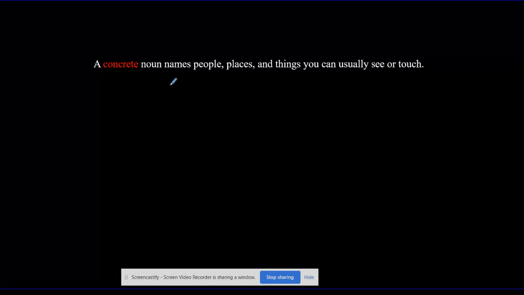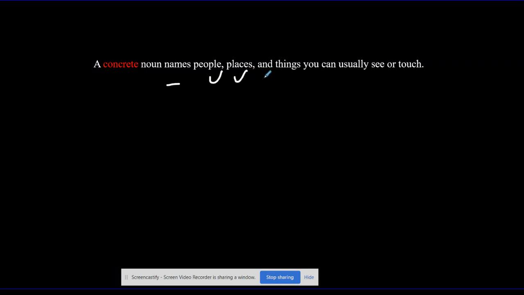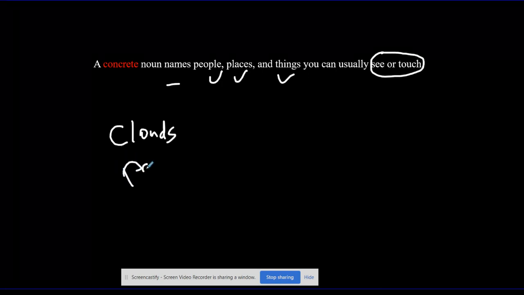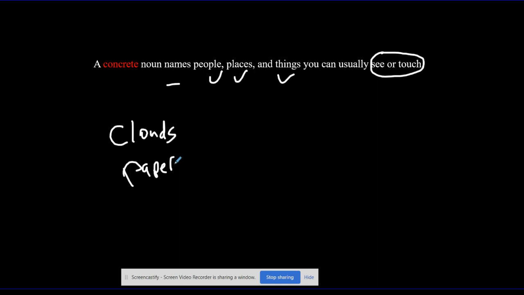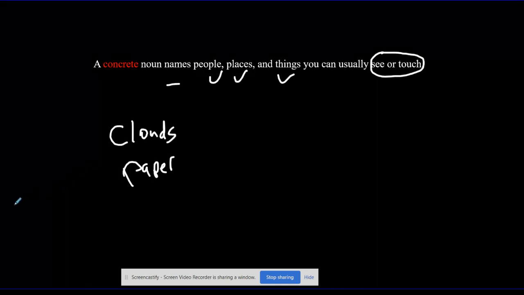Concrete nouns are the ones that name people, places, or things, and they are words that you usually see or touch. So when I refer to clouds, clouds are things that I can see. Therefore, clouds are concrete. If I refer to paper, paper is a thing that I can see and touch, therefore paper is concrete.